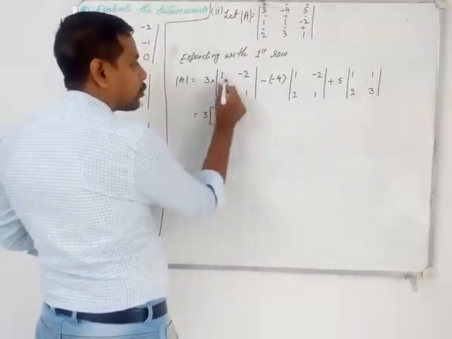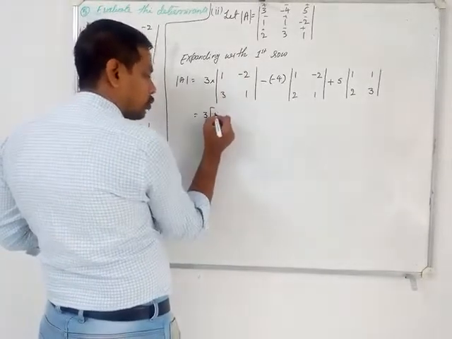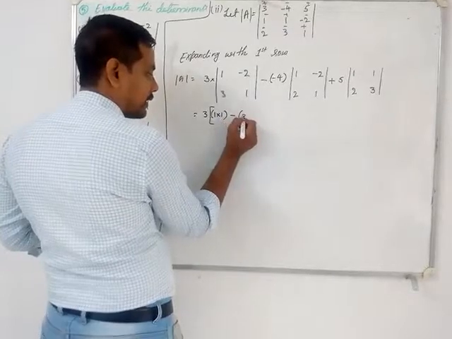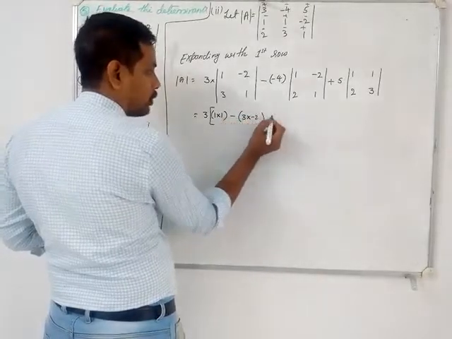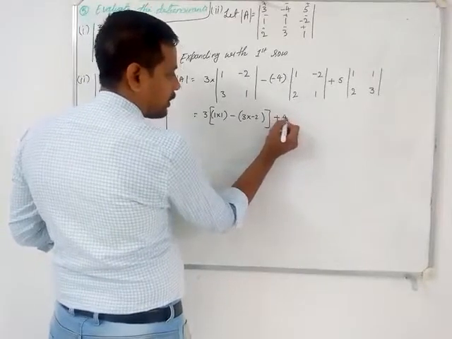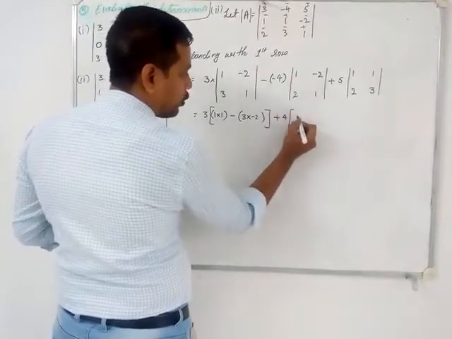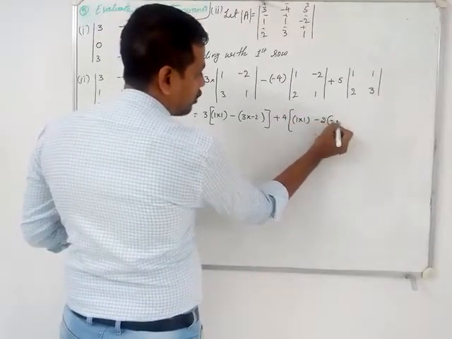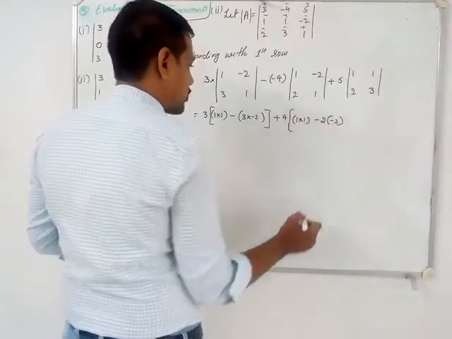1 into 1 minus 3 into minus 2. Minus into minus is plus. 4 into 1 into 1 minus 2 into minus 2.